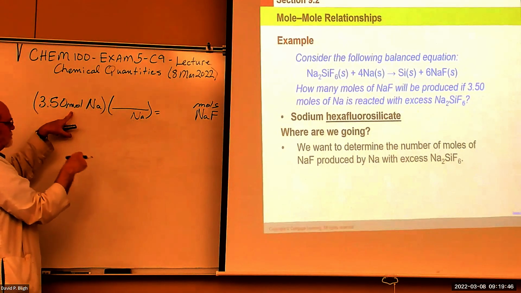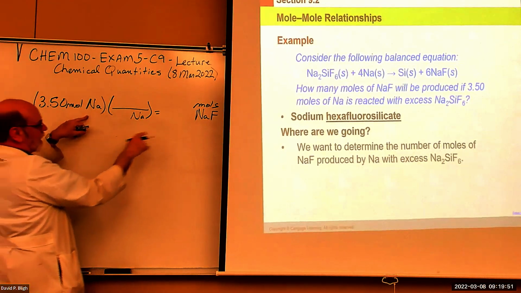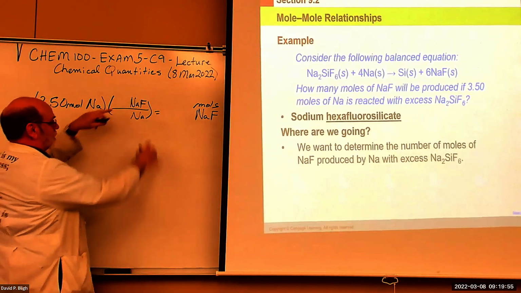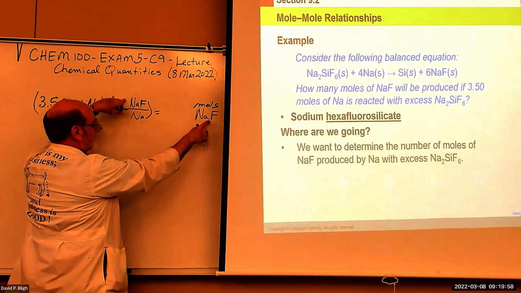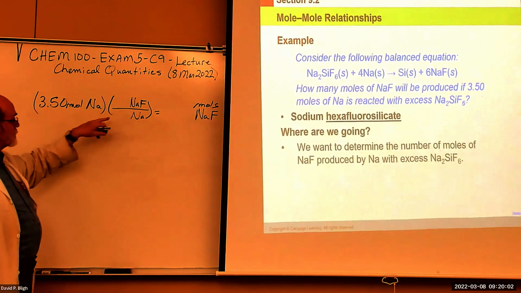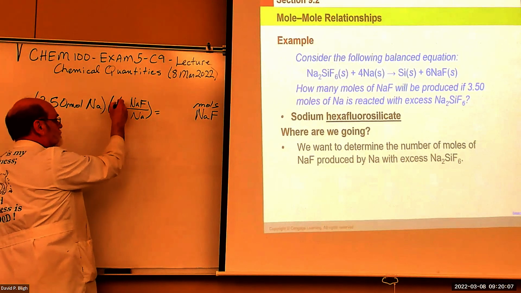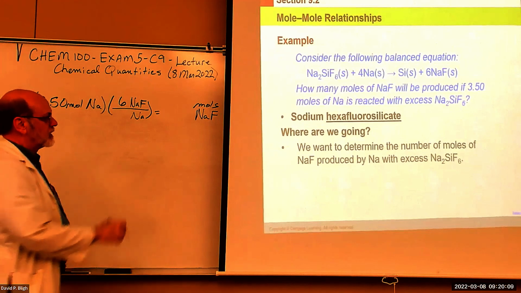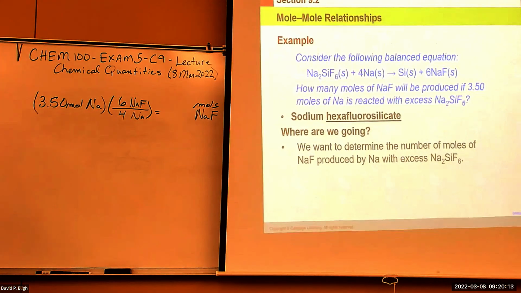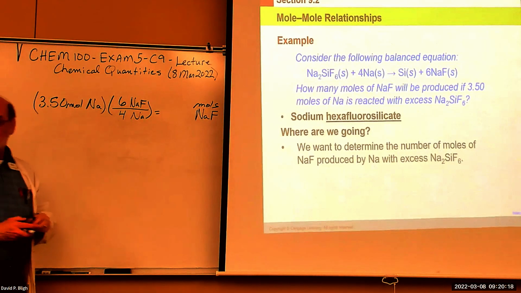I'm going to leave the moles out just for compactness. And we want sodium fluoride. Right? So this one's on top because we want to keep it. This one's on the bottom because we want to cancel it. So you look for the ratio between these two. Sodium fluoride is 6 and sodium is 4. Okay. So 6 times this number divided by that will give us the value.